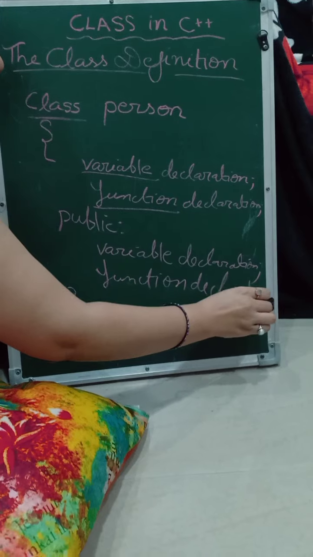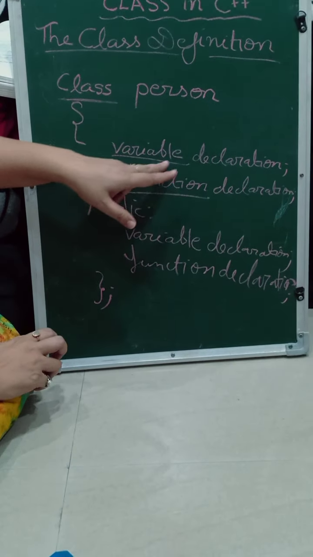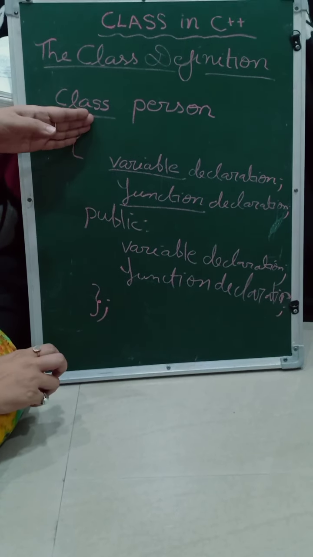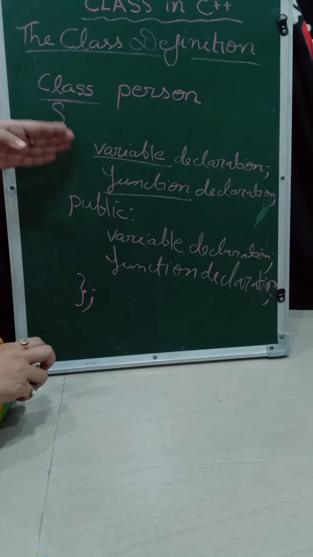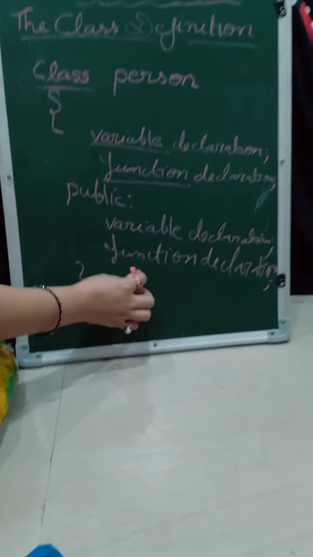Okay, function declaration, then semicolon. So whatever variables you are using here are in private mode, because by default in a class every member is considered private, and these are the public variables and functions.